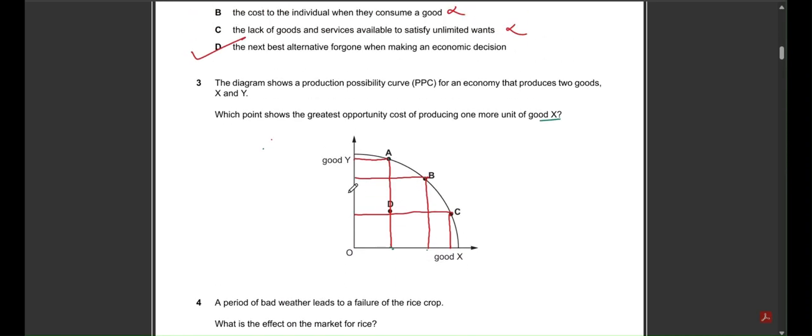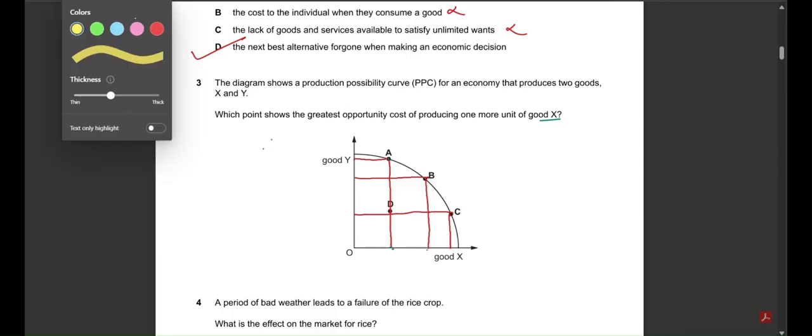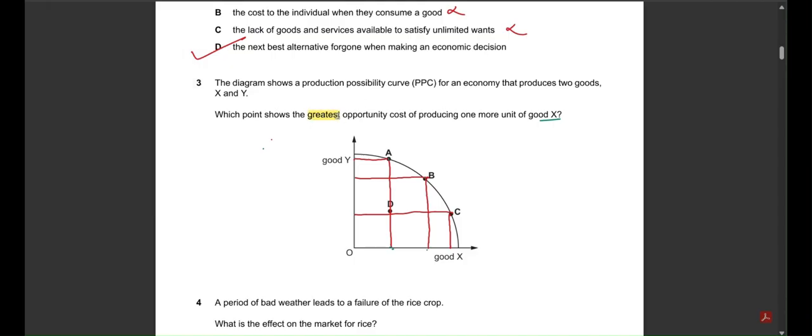Let's move ahead with the third question. The diagram shows a PPC for an economy that produces two goods X and Y. Which point shows the greatest opportunity cost for 1 unit of X? Okay, so let's just highlight this.